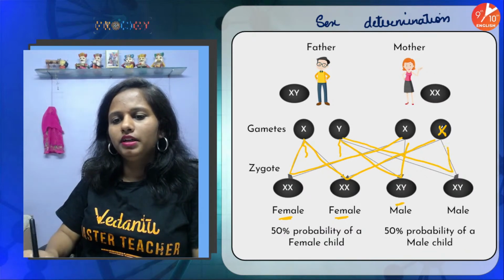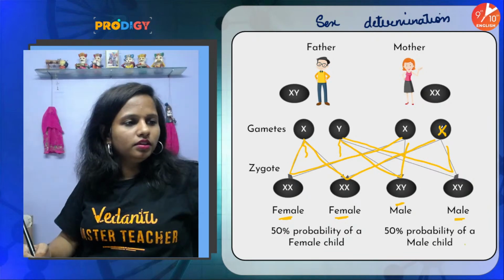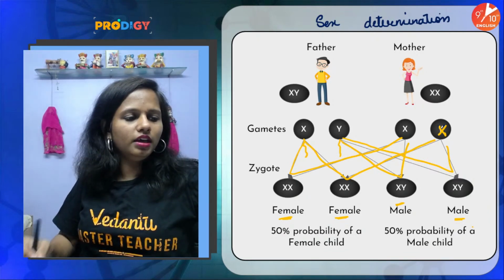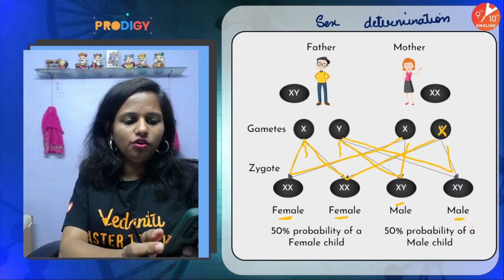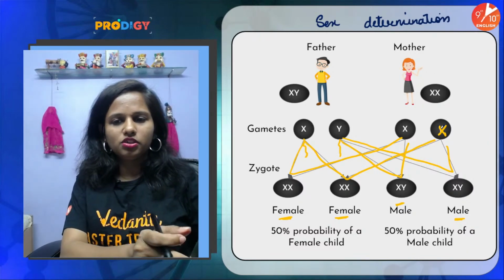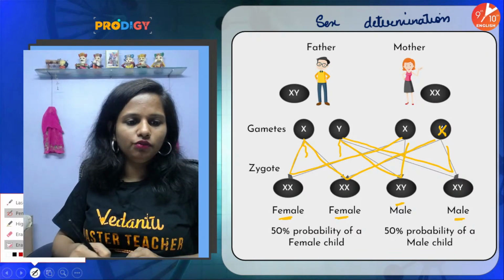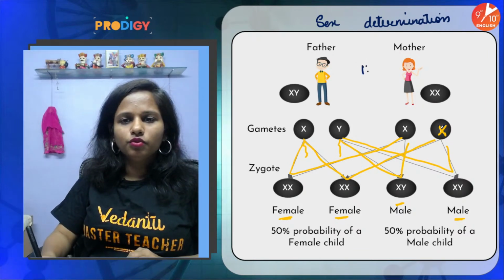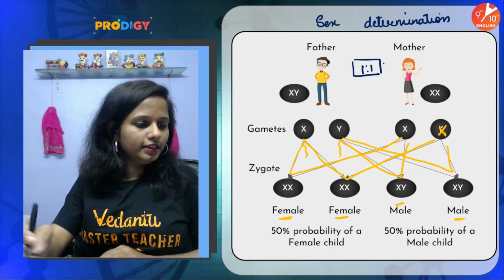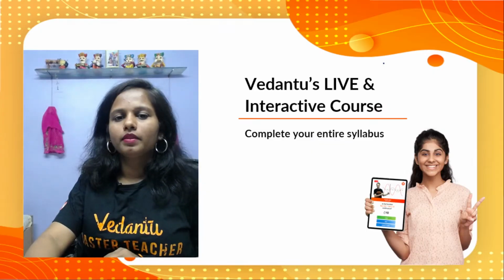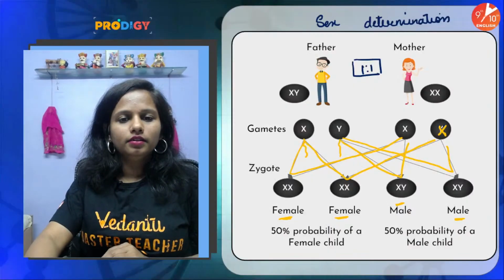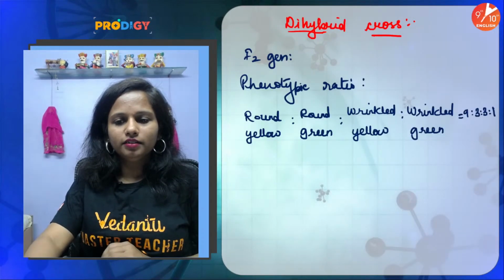If these two combine, still a male child is born. Thus the possibility of the birth of a male to female child always remains 1:1.